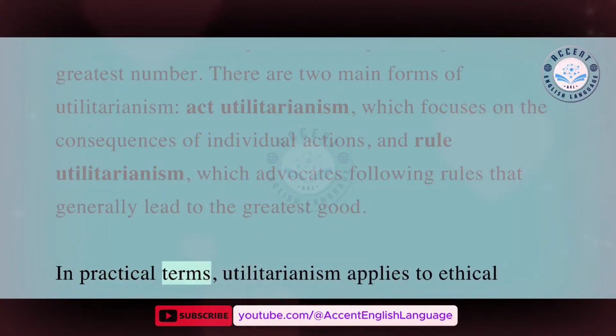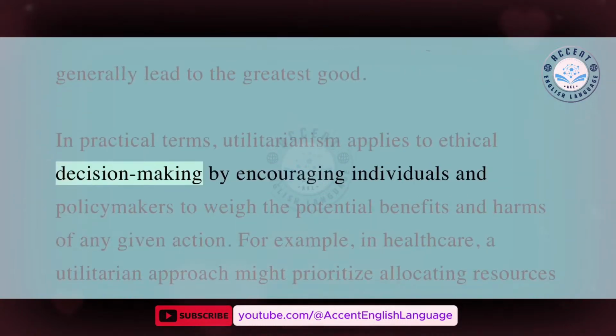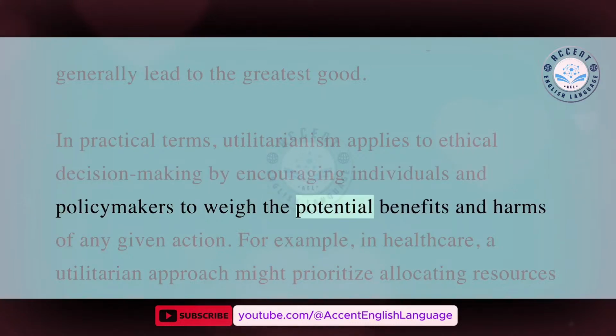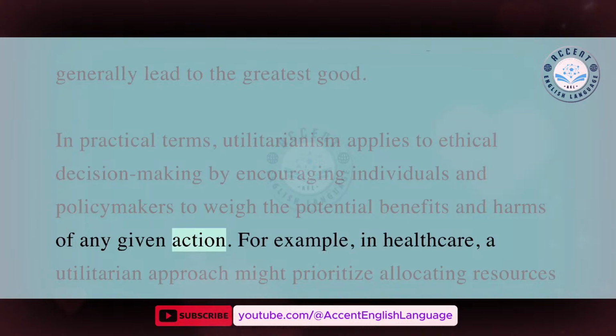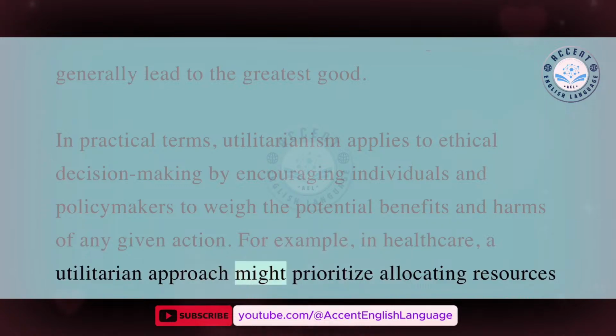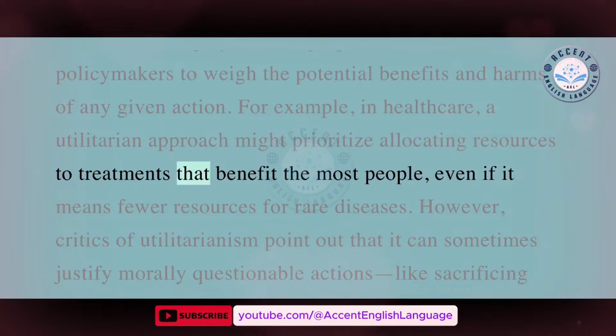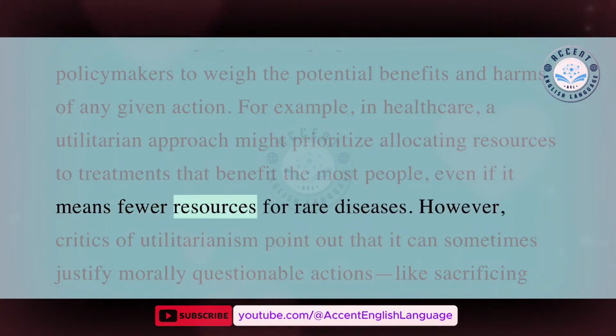In practical terms, utilitarianism applies to ethical decision-making by encouraging individuals and policymakers to weigh the potential benefits and harms of any given action. For example, in healthcare, a utilitarian approach might prioritize allocating resources to treatments that benefit the most people, even if it means fewer resources for rare diseases.